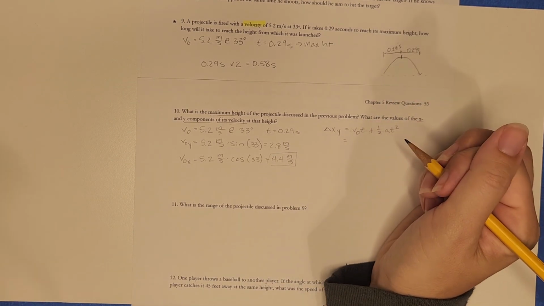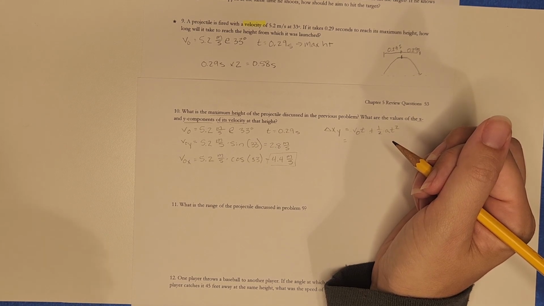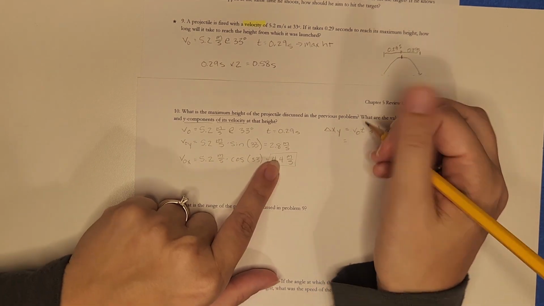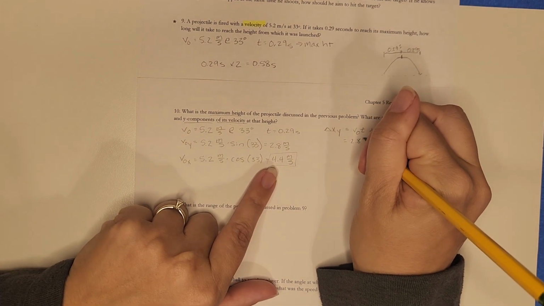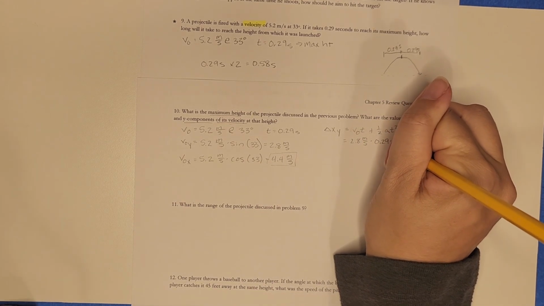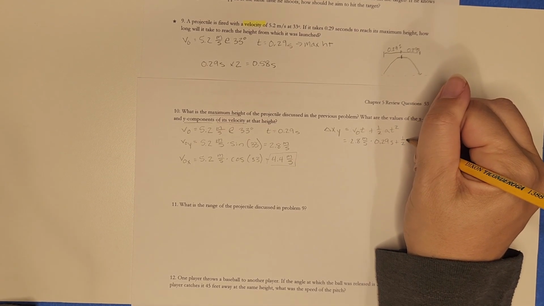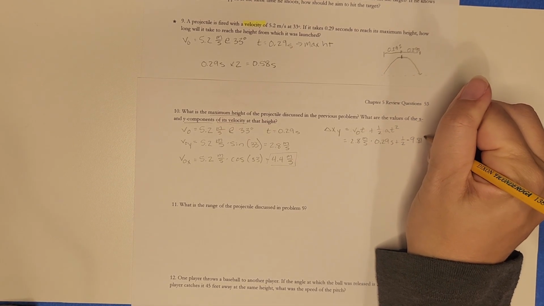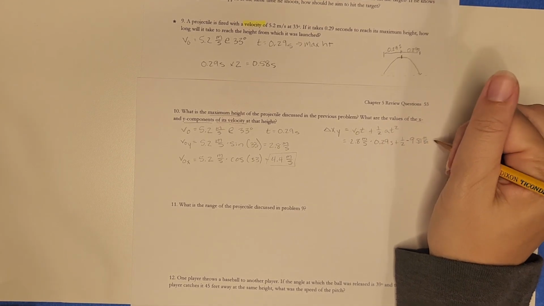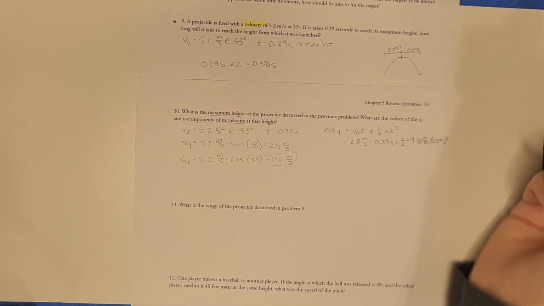So our initial velocity here is 2.8 meters per second times 0.29 seconds plus 1/2. Our acceleration is going to be negative 9.81 meters per second squared, and then times the time squared.